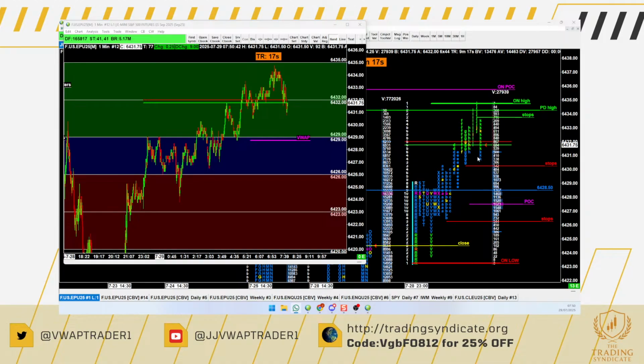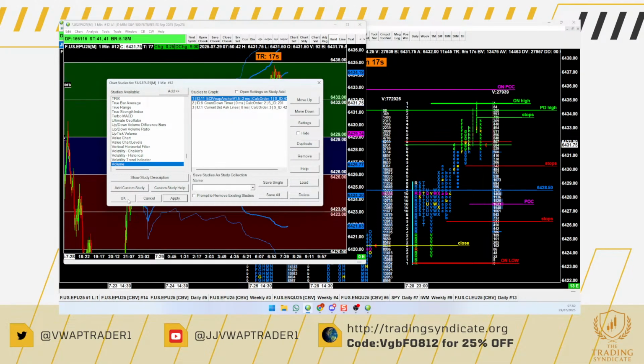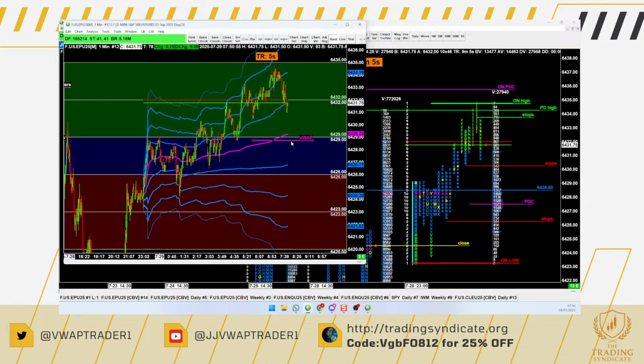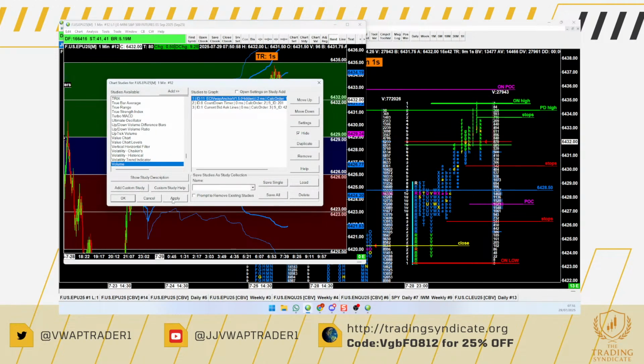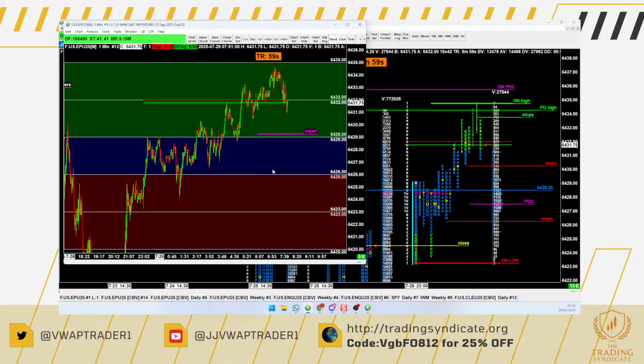A little bit of responsive buying at 31 to 30. VWAP is down at 29 and a quarter. So it's a little choppy here.